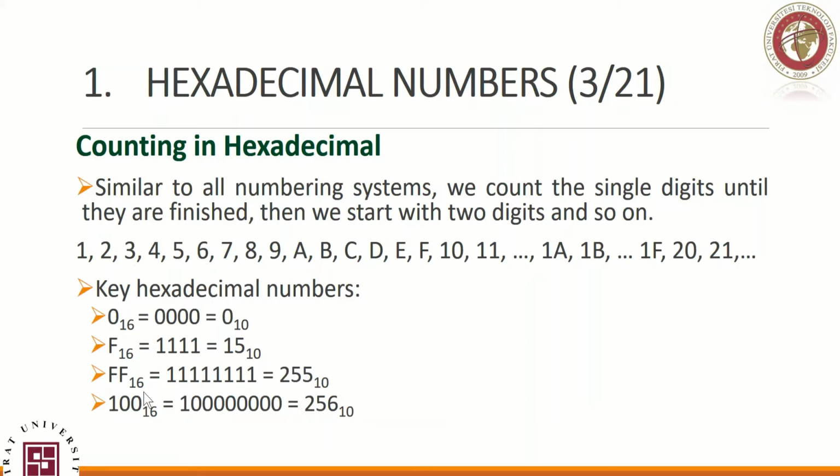How about this one? We don't read it as 100. 100 is for decimal. We read it as 100, but base 16. Why? Because if you say 100, you mean it is base 10. These numbers that we have, 10, 20, 30, are base 10. But for this one, we say 100 base 16.